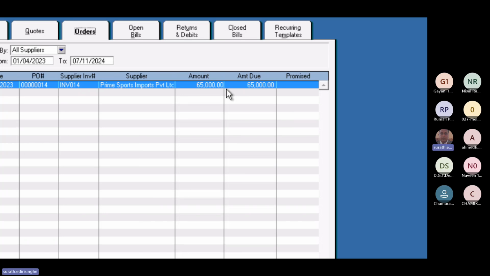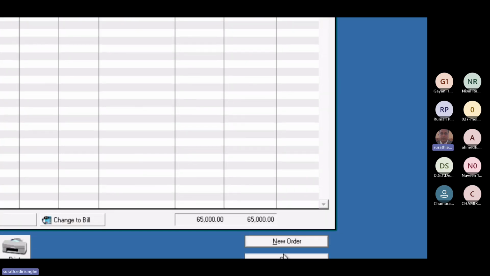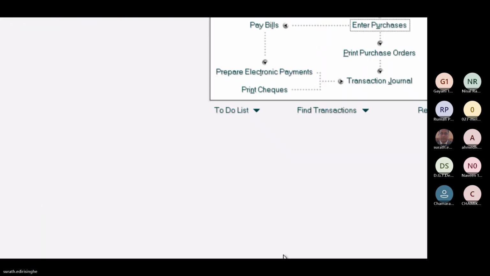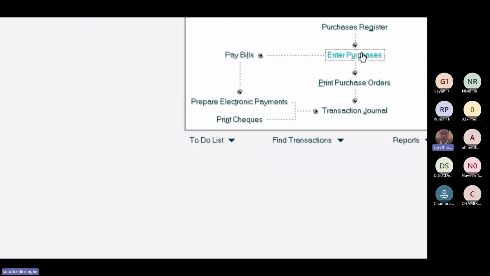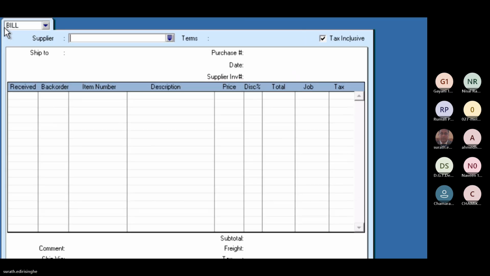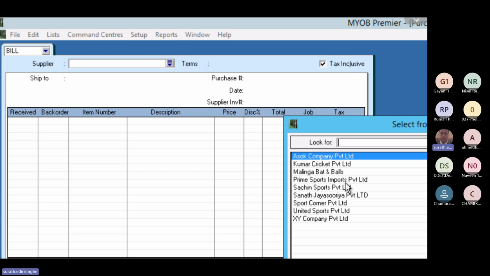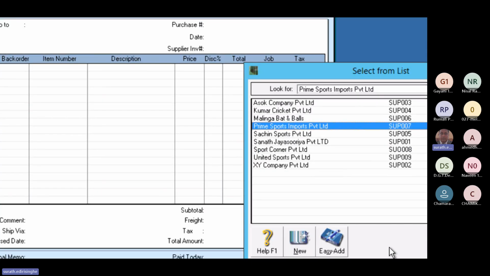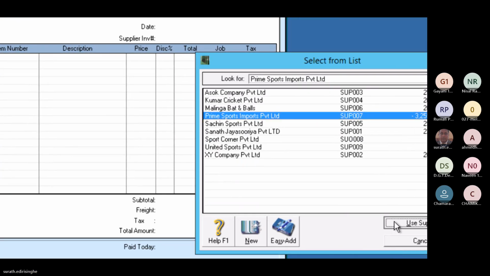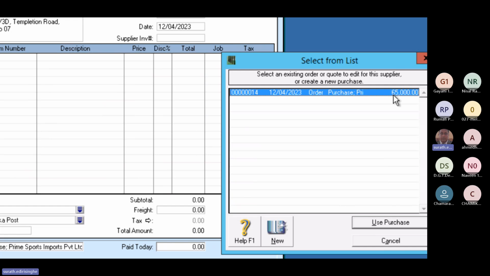Right. Then GRN this item, enter purchase bill, and supplier Prime Sports. Then open the pending order. Here pending order.